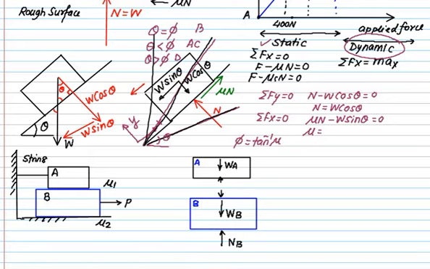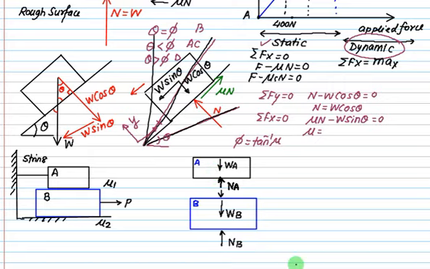Bodies A and B are in contact, so there is a normal reaction NA. Body A will push body B in a downward direction. At the same time, by Newton's third law, body B will push body A in an upward direction.